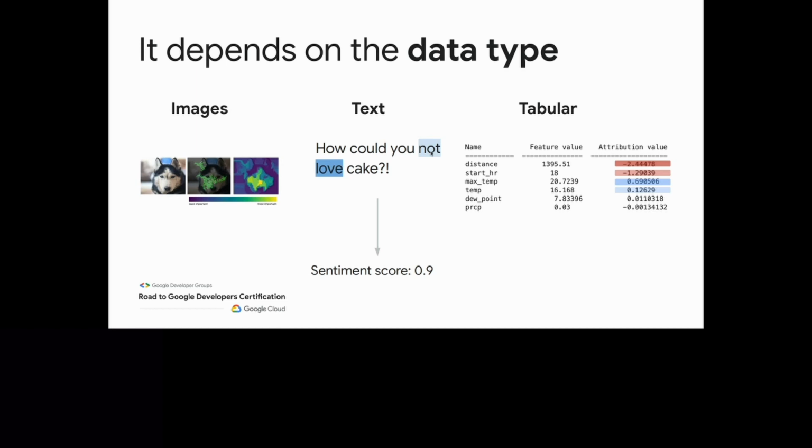And for text, you also want to know which part the model picks on to make a decision about the meaning. And for tabular data, similarly, it shows you where it's hotter, what it paid more attention to.